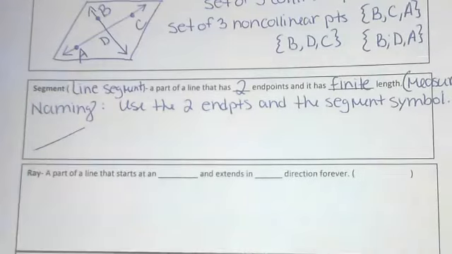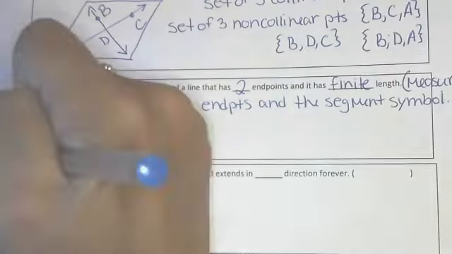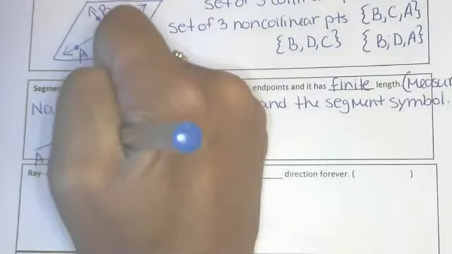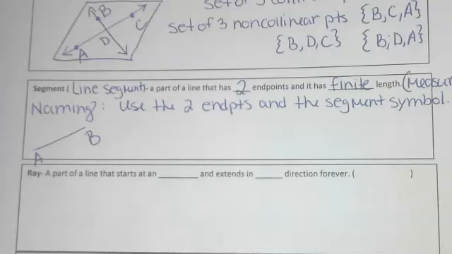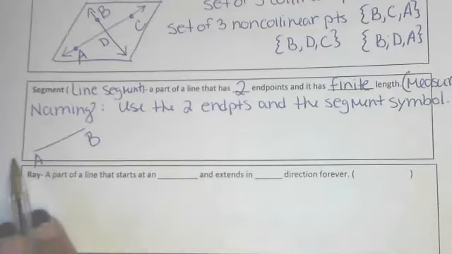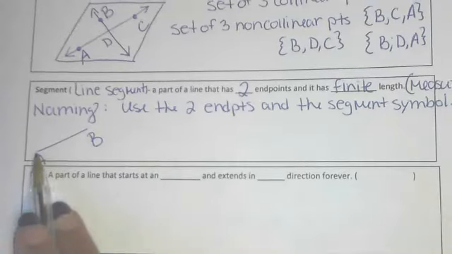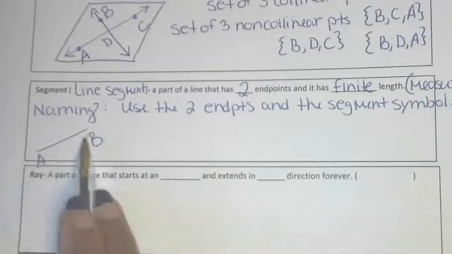So there's a segment. I know it's a segment because it doesn't have arrowheads on it. I'm going to go A, B. I don't need the little dots because when you see a capital letter, you know it's a point, and there's no intersections here. So this A is automatically the very end point, and B is the very end point there.